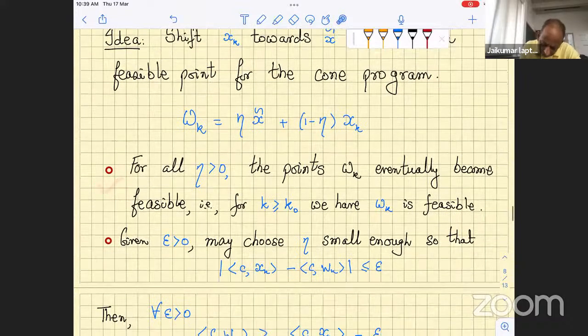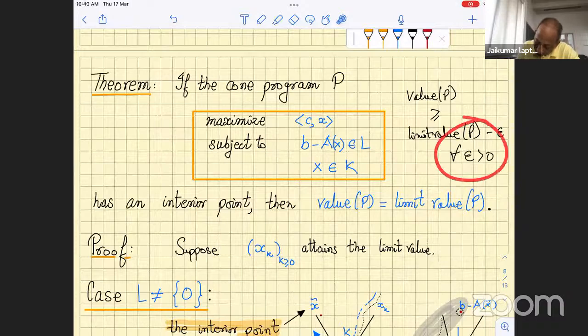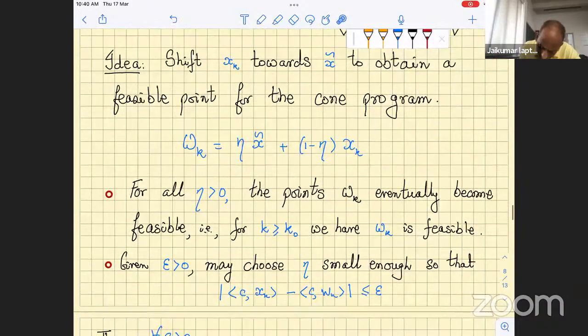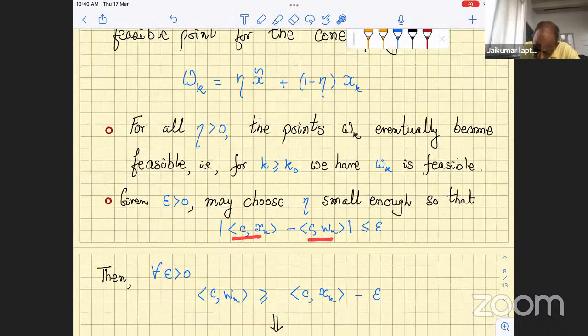And our goal, there used to be an epsilon in our discussion. We will do this perturbation of xk, pull it towards x tilde ever so little, so that the difference in the objective function will be at most epsilon. Somebody gives us an epsilon.